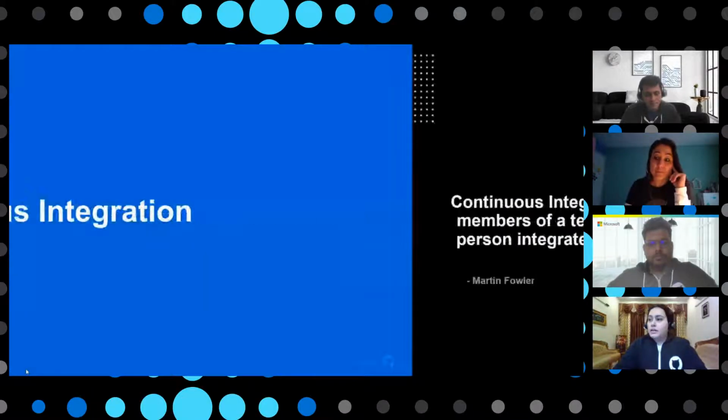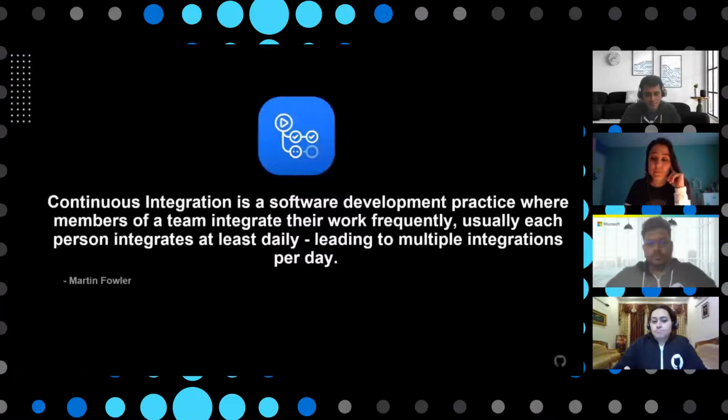I'll start with the definition from Martin Fowler. Continuous integration is a software development practice where members of a team integrate their work frequently. By frequently, we mean that every person within the team integrates at least once daily, so within a feature team, there are multiple integrations per day.